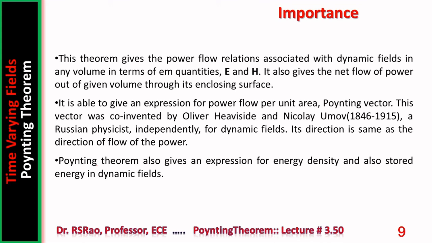It gives an expression for power flow per unit area, called the Poynting vector, E cross H. As already mentioned, similar to the time domain Poynting theorem, in this phasor domain theorem also you can apply the energy conservation principle and derive a meaning for the left hand term. Half E cross H conjugate gives you power flow per unit area. So in either case, the Poynting vector gives you the amount of power flow.